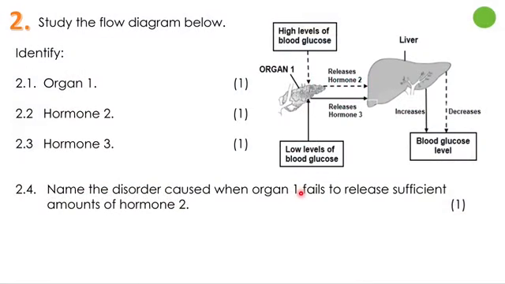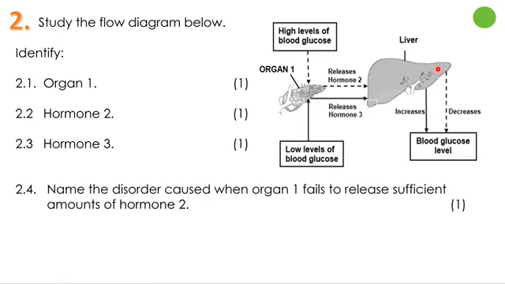Okay, so let's look at a little picture, or actually a question, but they will most probably give you a diagram or a picture. So first look at the picture. The moment we see the liver, that is our clue that we are busy with glucagon and insulin. Because remember, we are doing various different negative feedback mechanisms, okay?